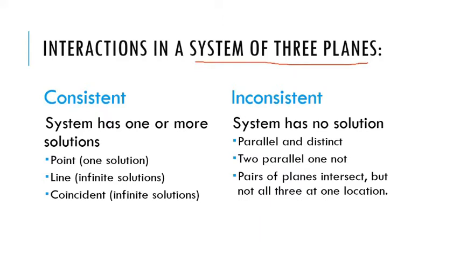And that can mean that they're parallel and distinct, 2 are parallel and 1 is not, or pairs of planes intersect, but not all 3 at one location. So again, systems of 3 planes can either be consistent, in which case there's one or more solutions, or inconsistent, in which case there is no solution.